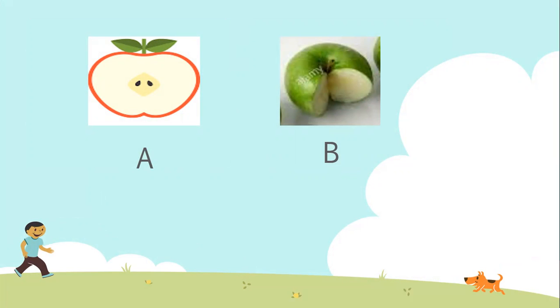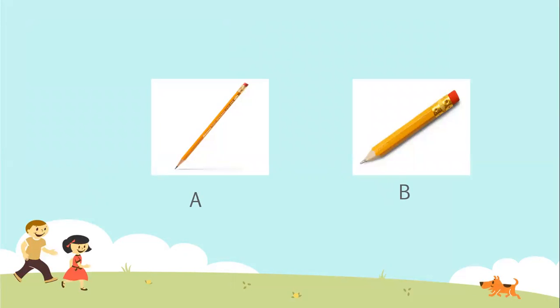If you said picture A, then you are correct. Look at the pencils. Which picture shows a half? Is it picture A or picture B? If you said picture B, then you are correct.